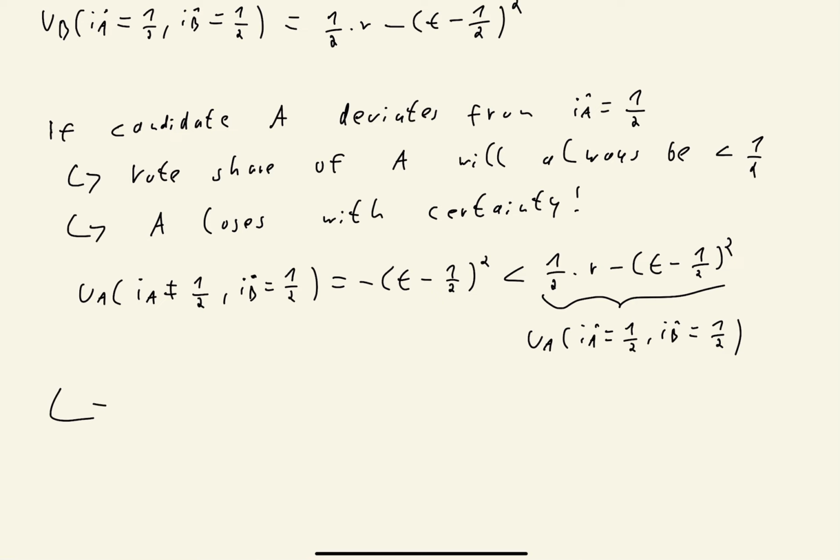Okay, so what we now showed is that starting from this point where both choose an ideology of 1/2, A has no incentive to deviate, neither by choosing an ideology lower nor by choosing an ideology higher than 1/2. So A does not have an incentive to deviate.